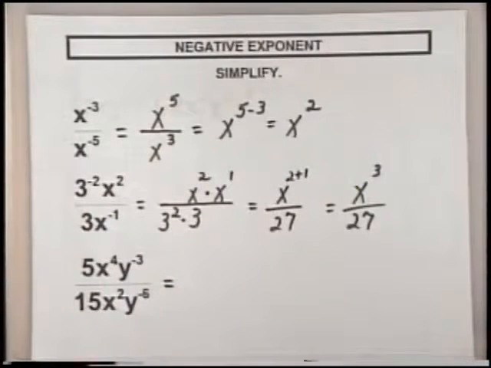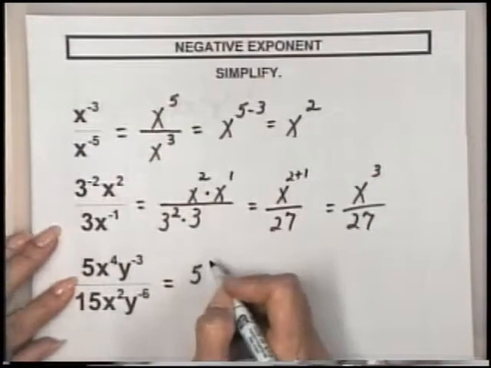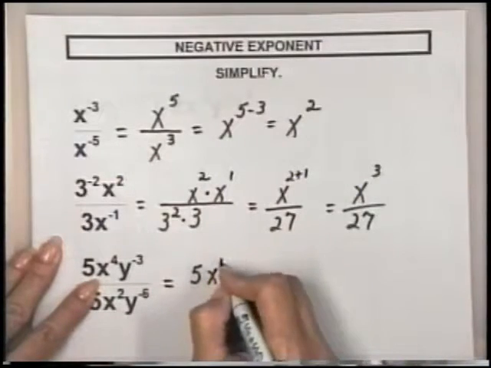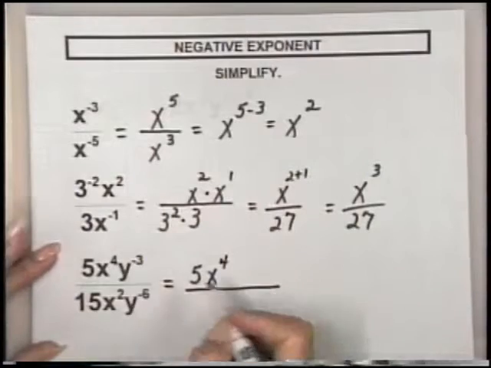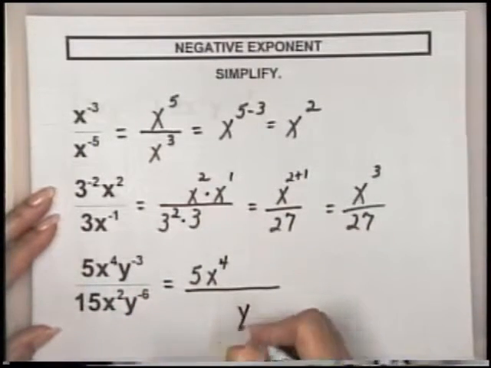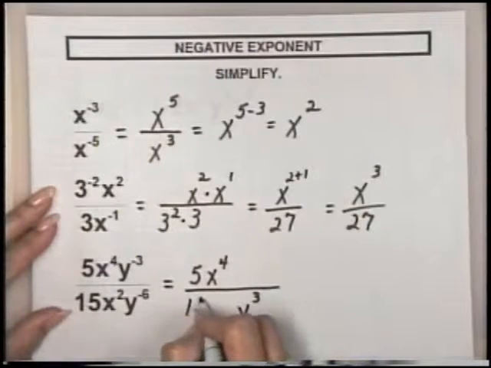Now, on this problem, because I am dividing and because I have negative exponents, I'm going to move my factors with negative exponents first. The 5 is a factor whose exponent is positive 1, so it stays where it is. X to the 4th has a positive exponent. The y to the negative 3rd has a negative exponent, so I will move it to the denominator as y cubed.